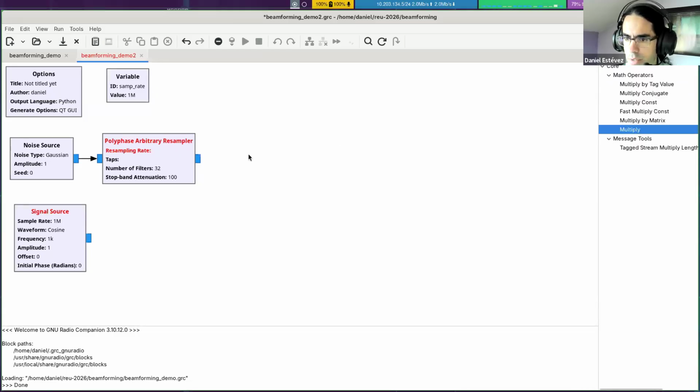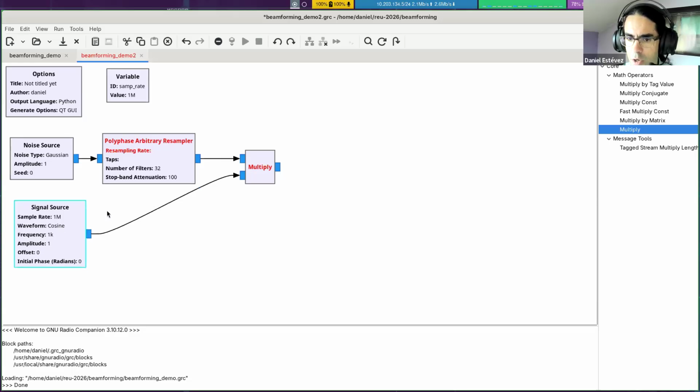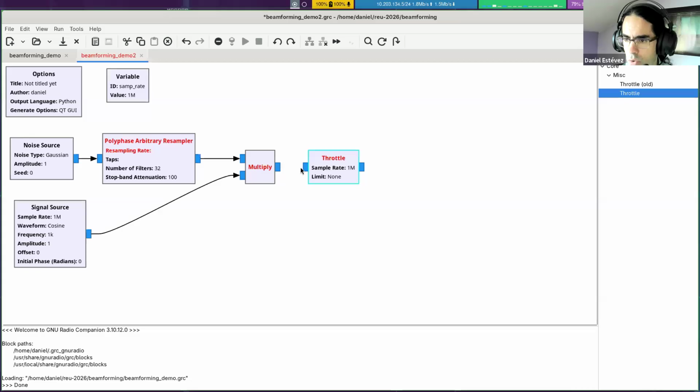We saw that by multiplying any kind of signal with a complex exponential, which is created by the signal source set to cosine and complex type, which is the blue color, we achieve a frequency shift of this input signal. So that's what my astronomical source signal is going to be.